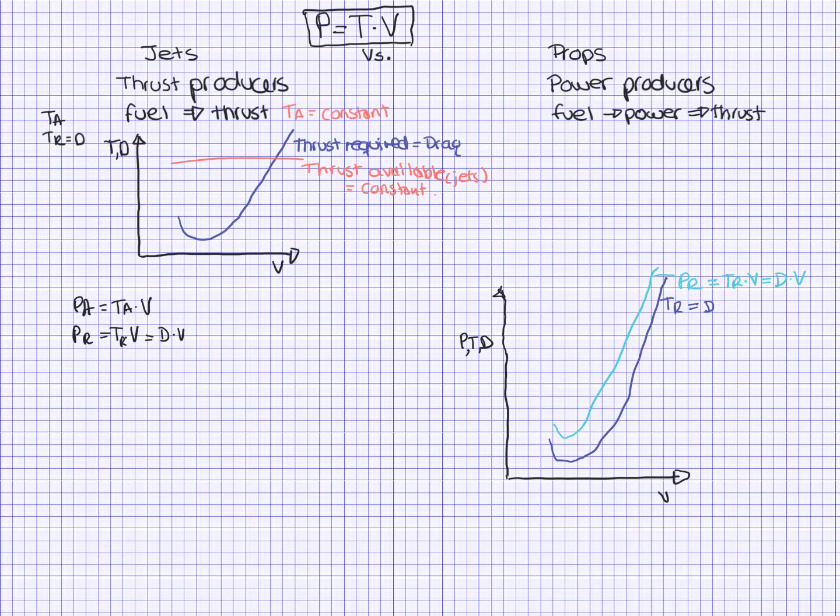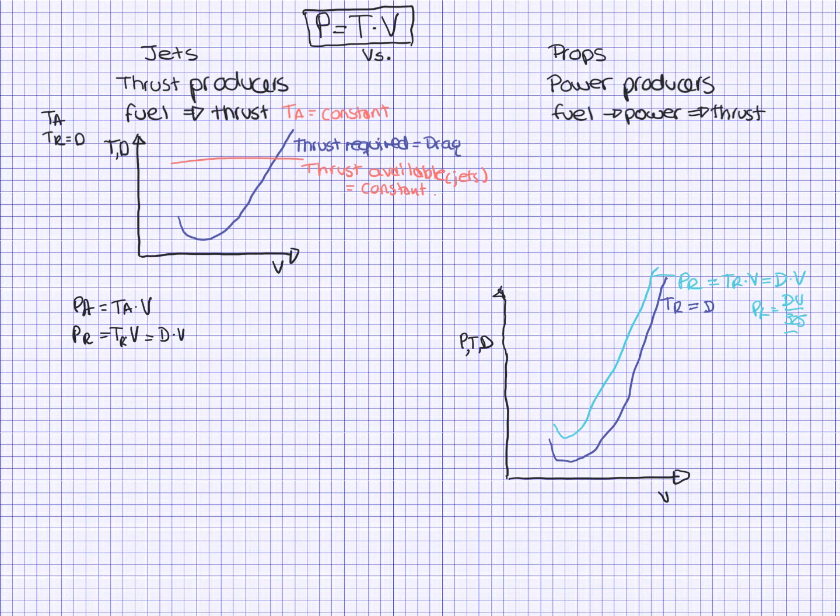And there's going to be a unit conversion number of 325 to get power in horsepower, thrust in pounds, and velocity in knots. So power required is drag times velocity over 325. This is a unit conversion number.